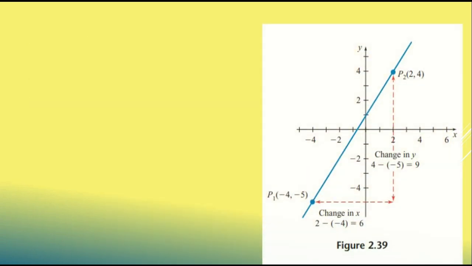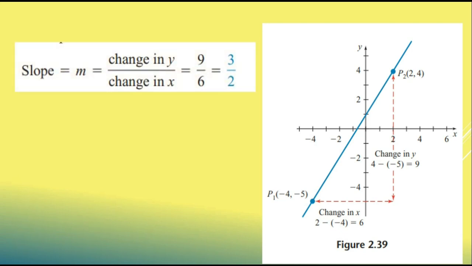For example, let's take this. Look at this graph. As per the formula of slope, m is the change in y divided by the change in x.